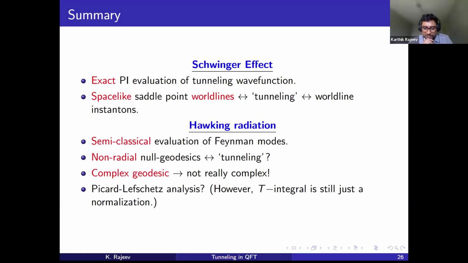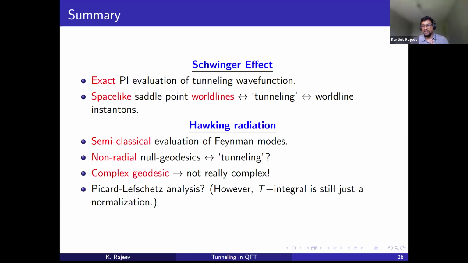Yeah, so although I haven't shown it in these slides, in the paper we have written down directly the expression for the amplitude in terms of world line path integrals, instead of looking at the wave functions and reading off.